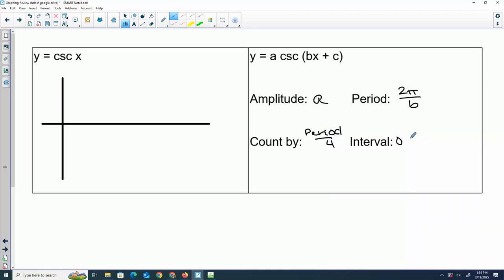And interval is back to 0 to 2 pi. What was our trick for graphing cosecant?